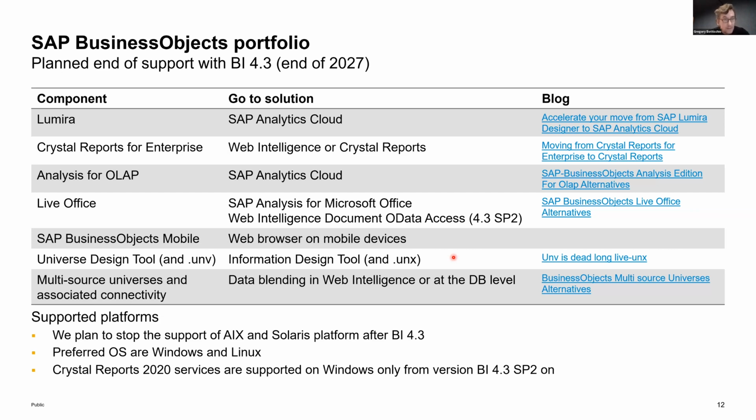And last but not least, for the multi-source universes, we recommend either you do it at the database level. Many databases can help you to create a view coming from different kinds of data sources, or you can decide to do it in Web Intelligence thanks to the new data model.